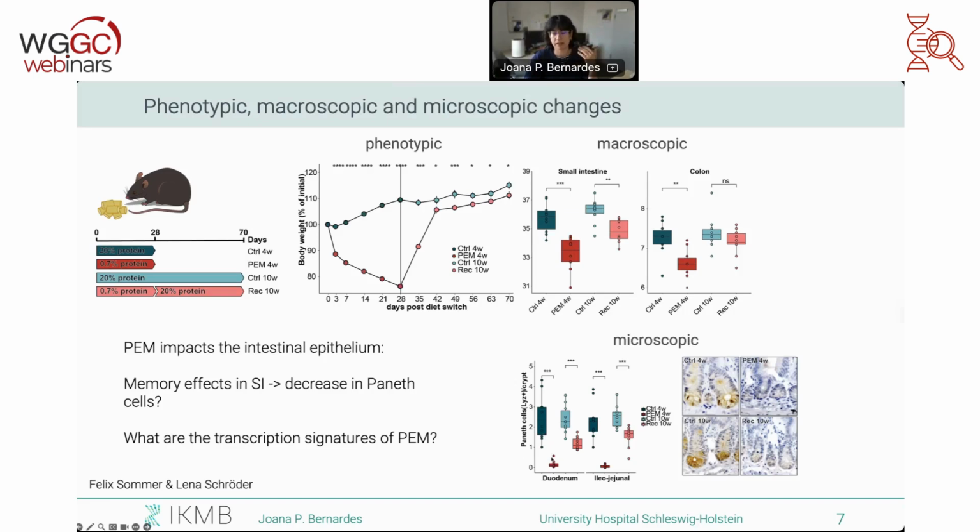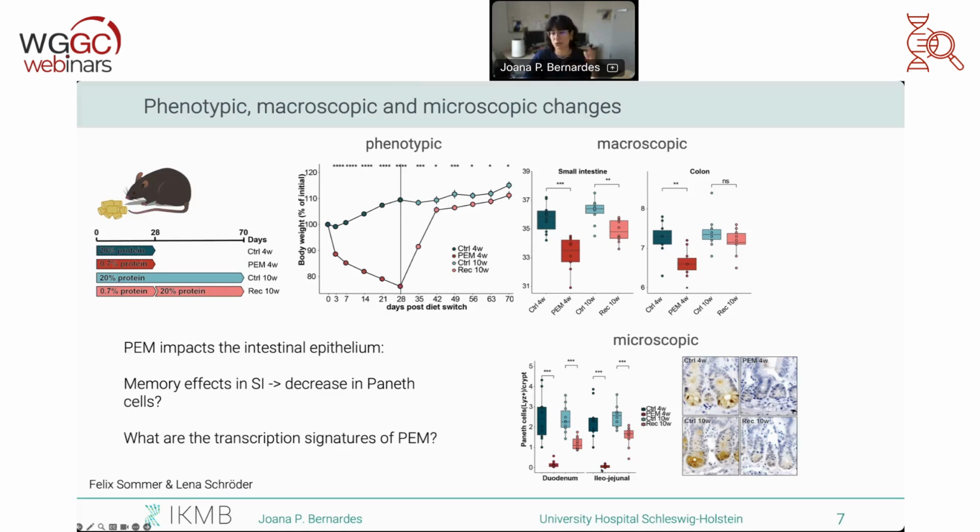So the Paneth cells exist in the small intestine. And if you see here, this is a control, this is the acute PEM. They are very much depleted from the intestinal epithelium. And this signature seems to also hold through time. So even when the mice recover from malnutrition, there's still kind of a significant decrease in the number of Paneth cells that we quantify in the small intestine.